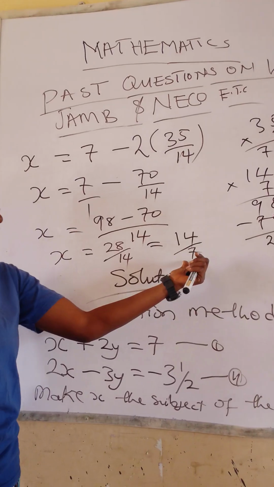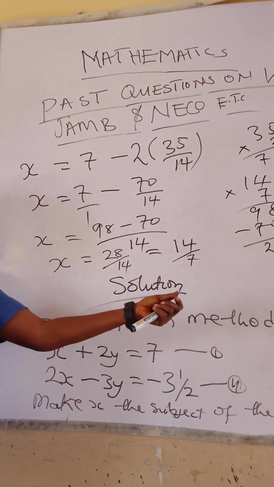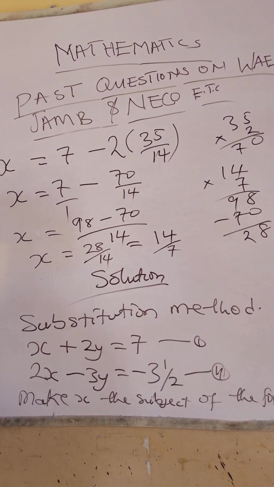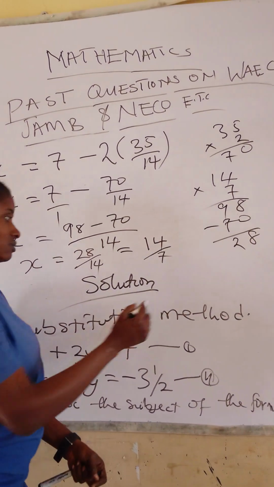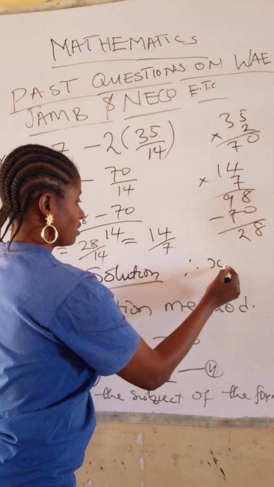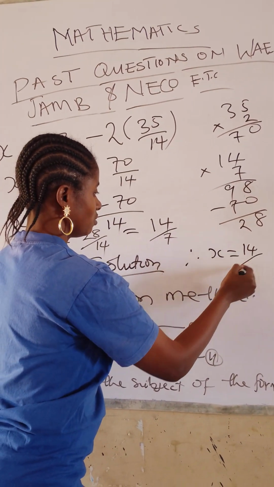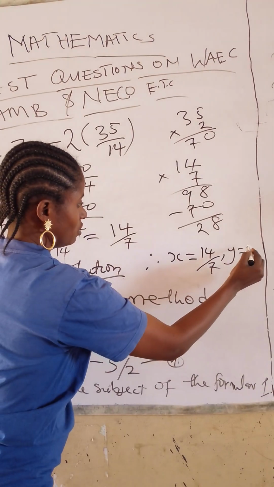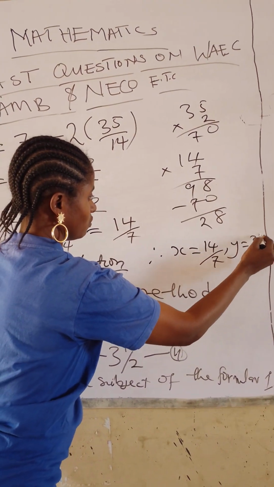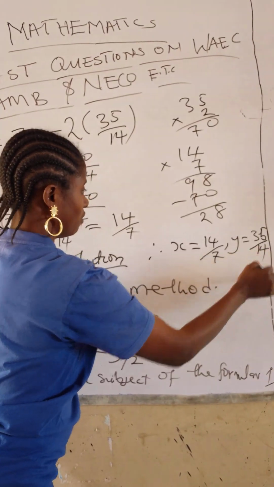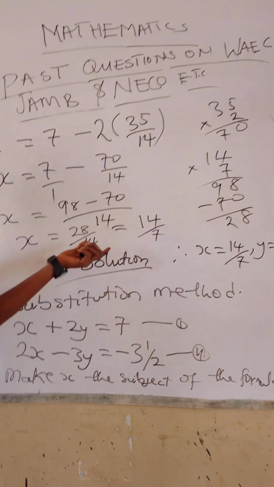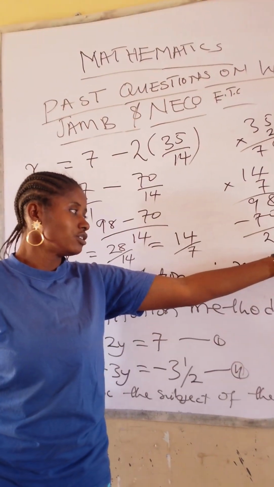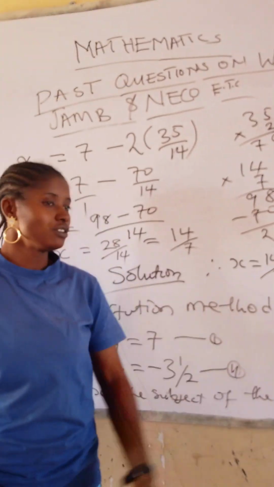Once you get to this final answer, you can leave it there, but you can still decide to convert it to a mixed fraction. Therefore, our x is equal to 14 all over 7 and our y is equal to 35 all over 14. This is to tell you that you are working with everything. Even this one too, 7 can go into this and 7 can go into 14.